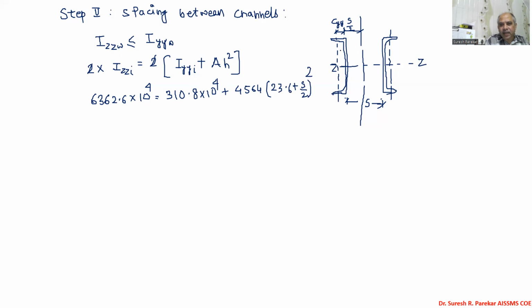Already I mentioned, this will be my H. H is the distance between the individual axis to the whole axis. This will be CYY plus S by 2.